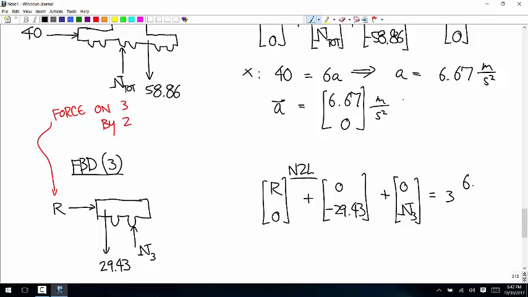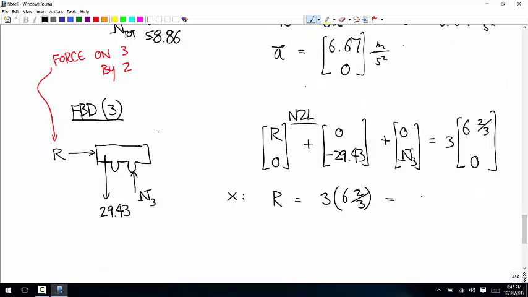So 3 times, I'm going to write this as 6 2/3, so it's exact, 0. And then the x equation says R is equal to 3 times 6 2/3. So I think that's 20, right?